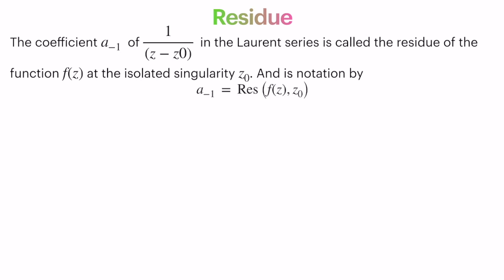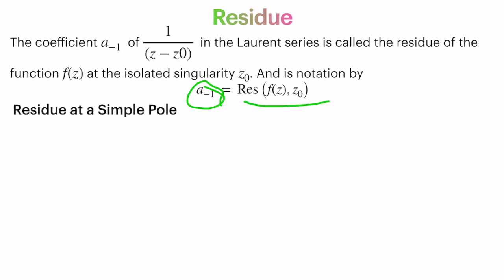The notation for that is either a minus 1 or specifically written as residue f of z at z equal to z naught. So this is the notation used. You can either use a minus 1 or you can use residue f of z at z naught.